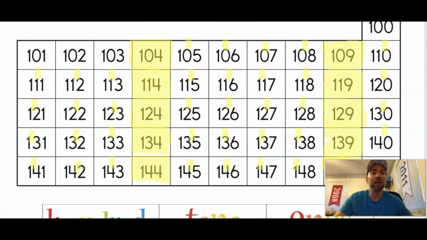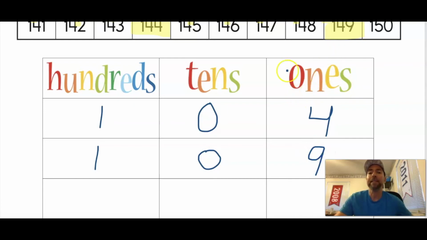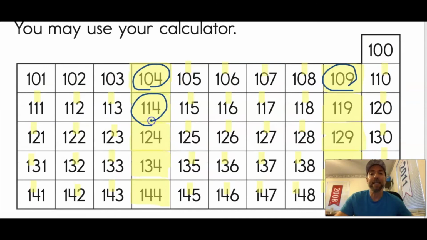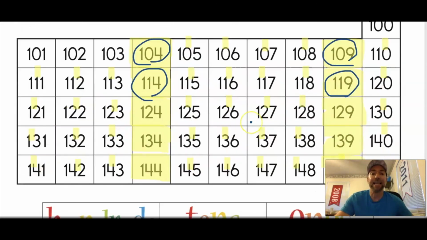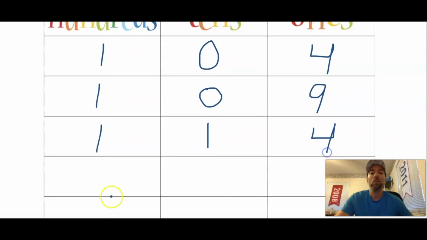So my first number is 104, and then it's 109. I'm going to write that down. 104, 109. So I have the ones place, the tens place, and now I'm in the hundreds place. So then I had 114, 119.